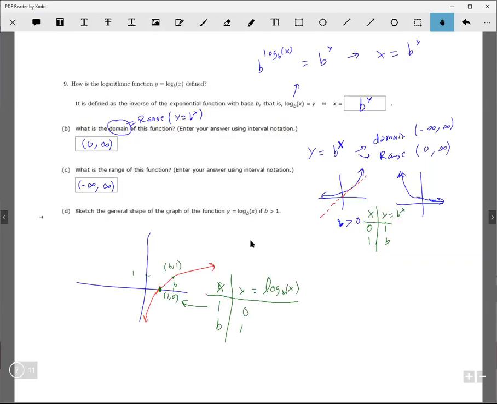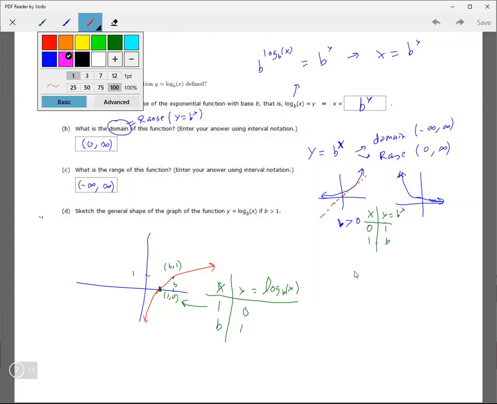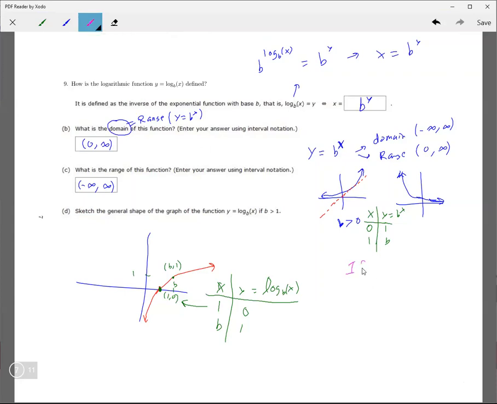Any questions at this point? By the way, I will make a small note here: if b is less than 1, between 0 and 1, then your logarithmic function is going to look like this instead.